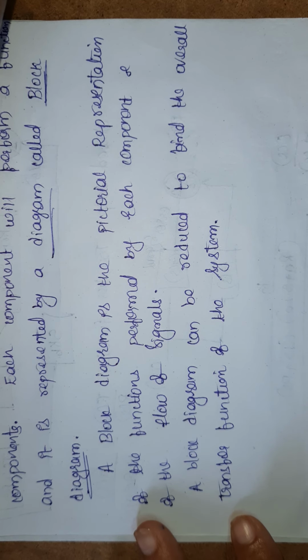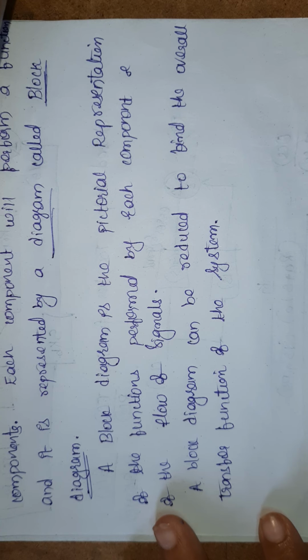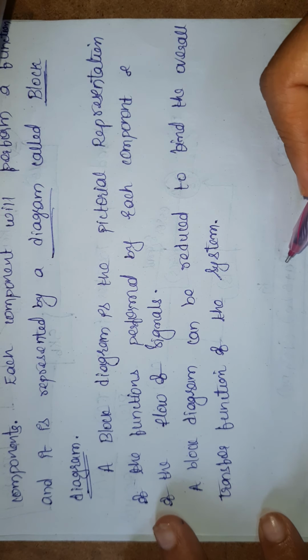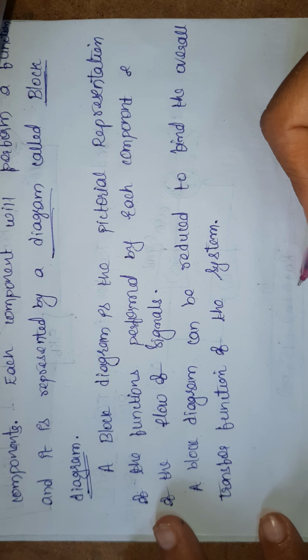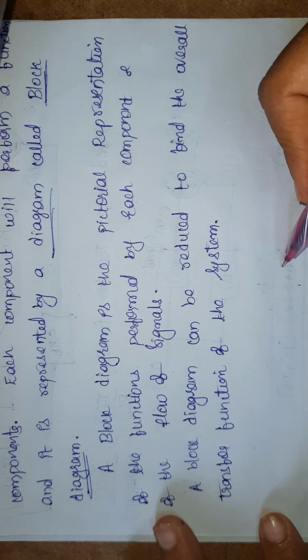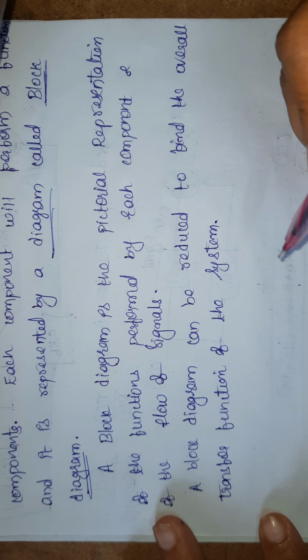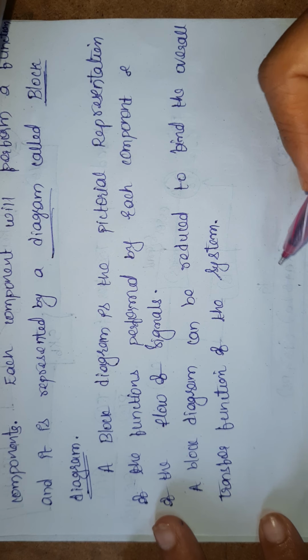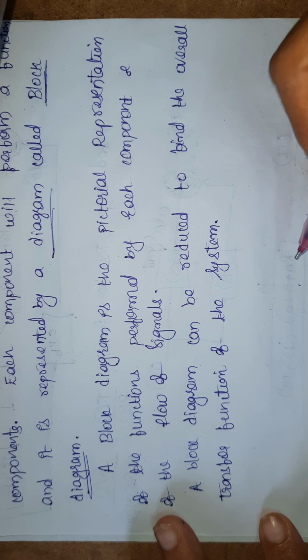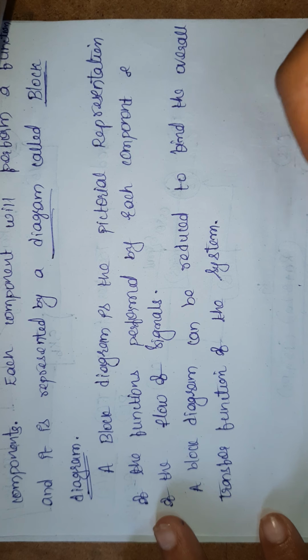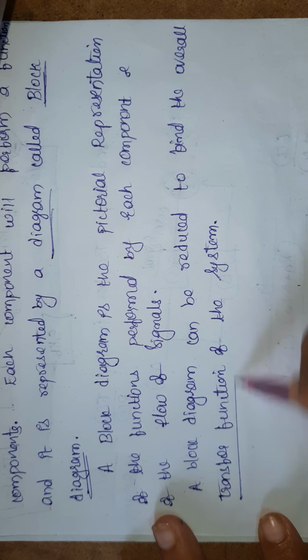And why are we going for reduction? The block diagram reduction techniques are used to find the transfer function easily. By simplifying the block diagrams, the number of components present in a diagram can be reduced using these block diagram reduction techniques, and finally we will get the transfer function.